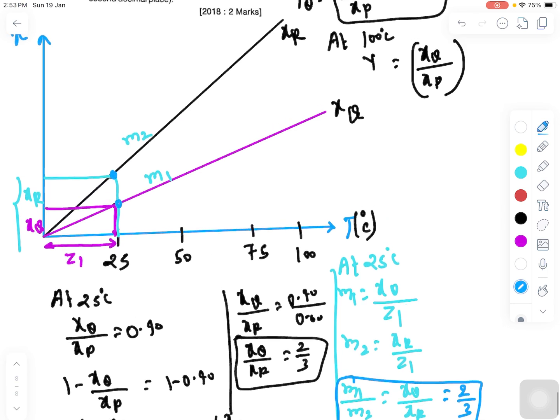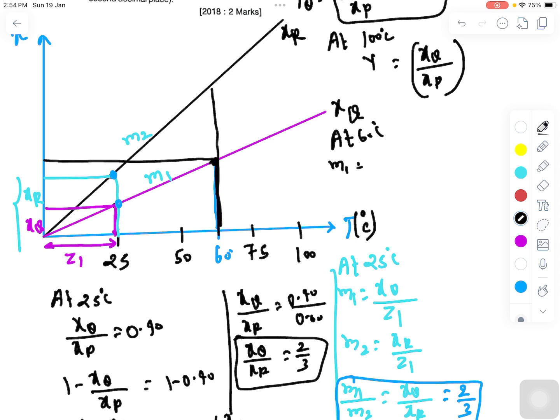Now when we come to 60 degrees centigrade, at this temperature m1 is XQ divided by Z2, and m2 is XR divided by Z2.